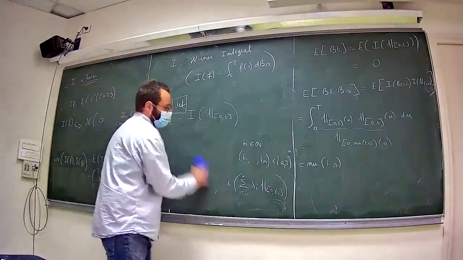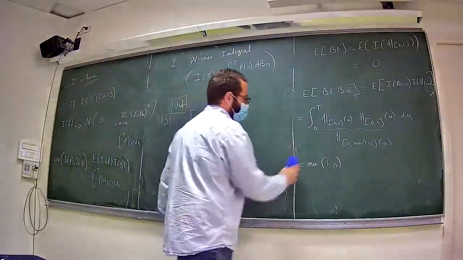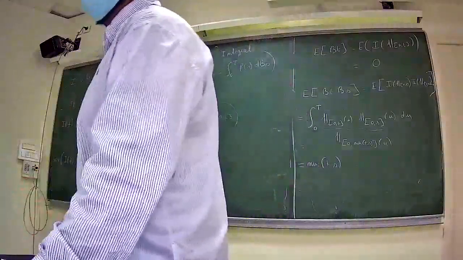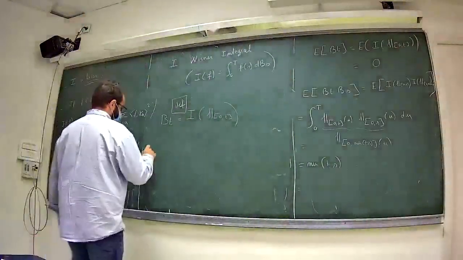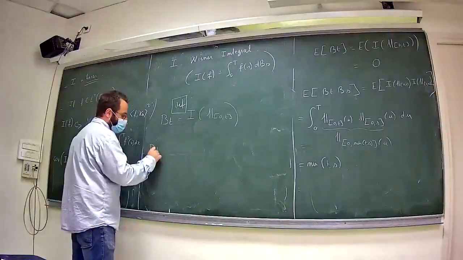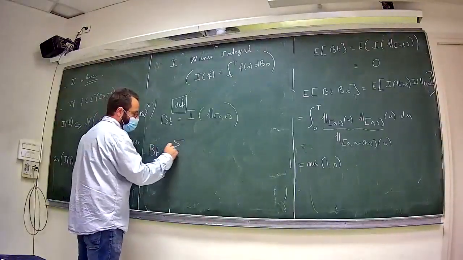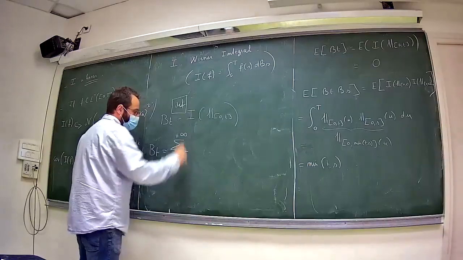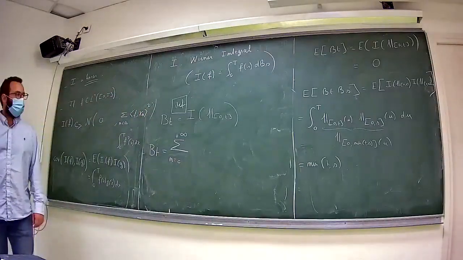And now, I have a nice formula to propose to you for Bt. Bt is equal to what? It's the sum from n equal to 0 to plus infinity of what?